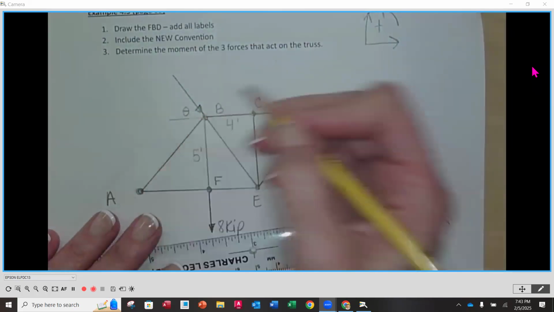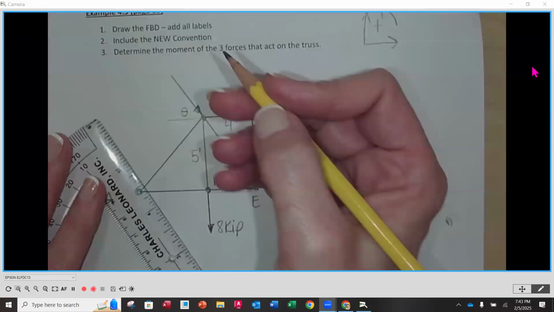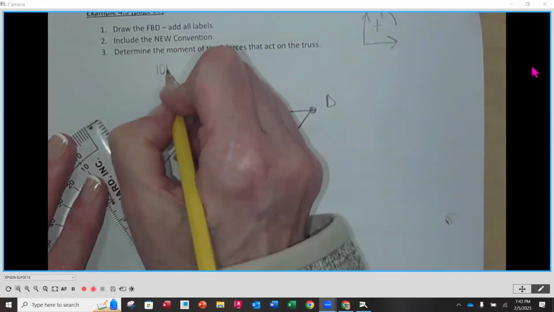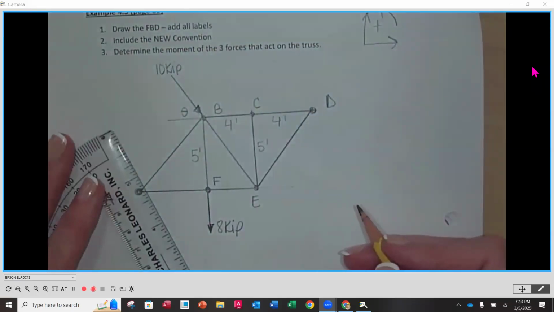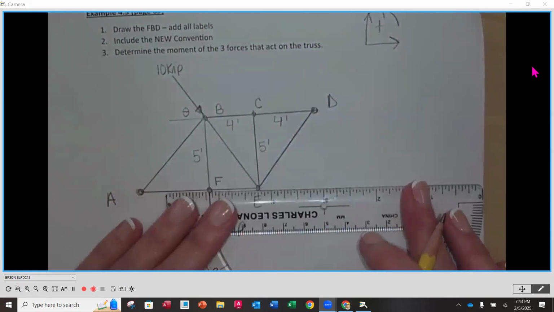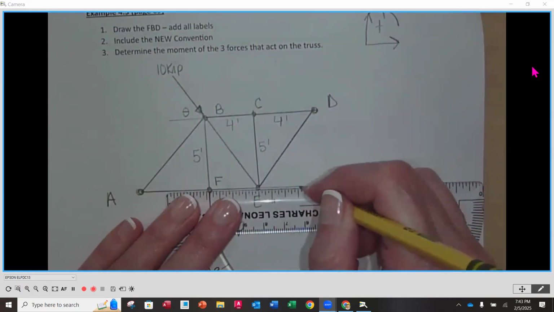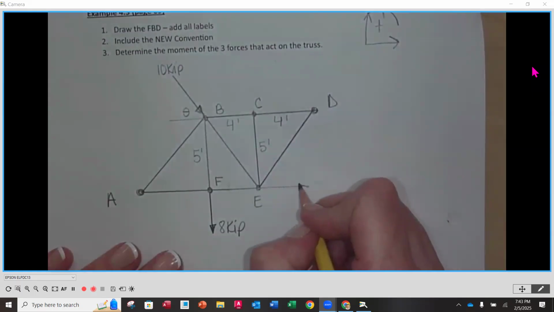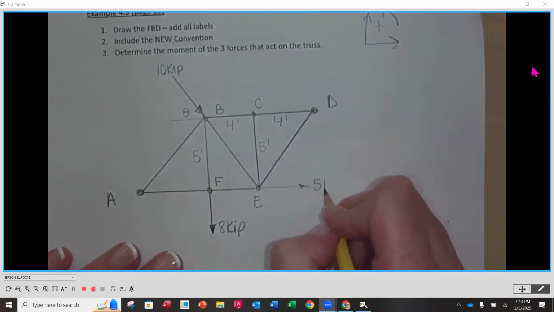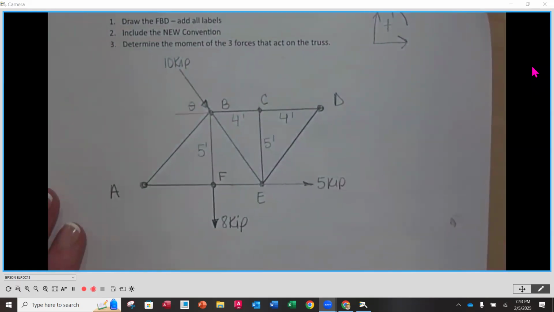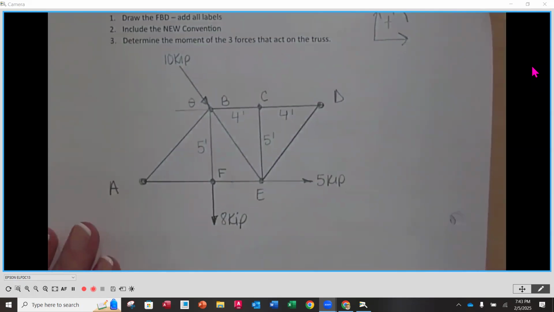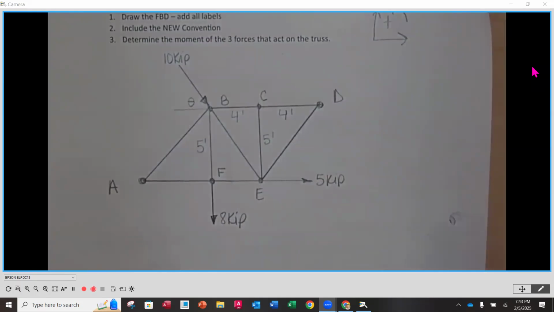This is going to be theta, and this is 10 kips. And then we have another force going to the right, and this is going to be 5 kips. I'll let you guys get the diagram going. Don't forget your convention.